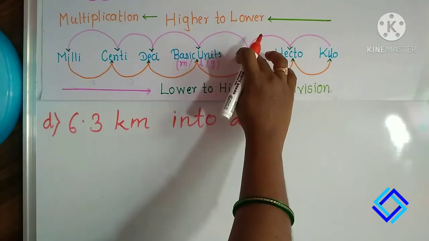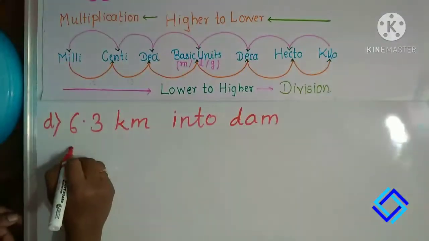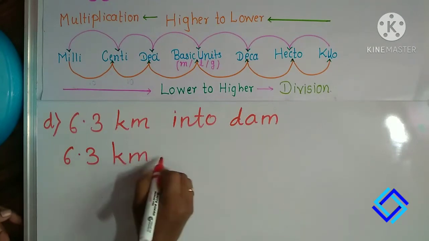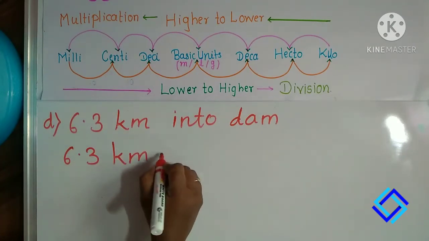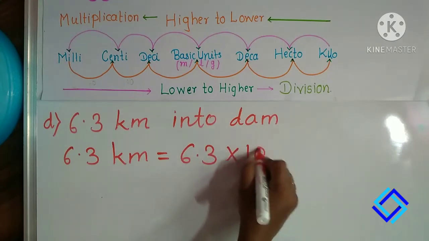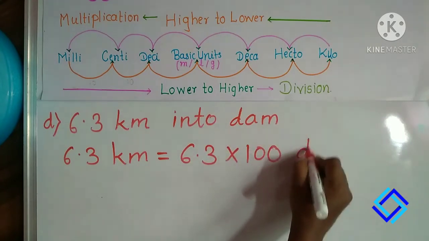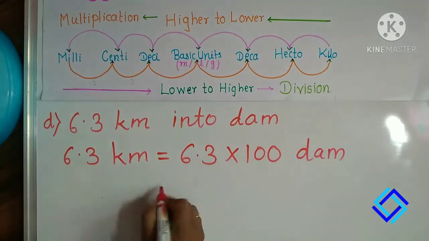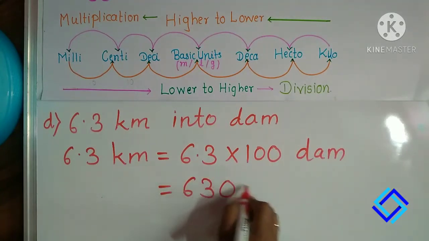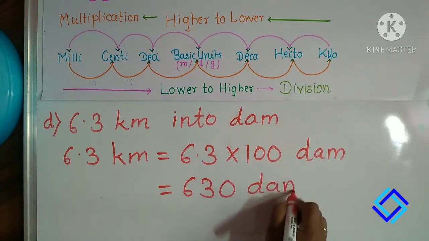So we have to multiply by 100. So 6.3 kilometer is equal to 6.3 multiplied by 100 decameter. So it's equal to 630 decameter.